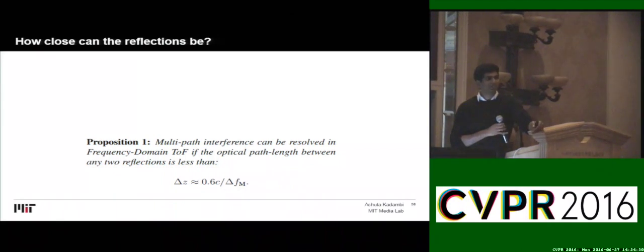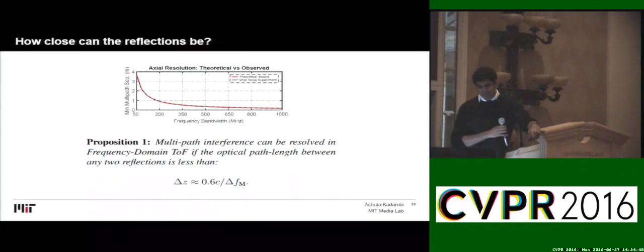So that's how many frequencies you sweep. The more frequencies you sweep, or the wider the range of frequencies you sweep, let's say from 10 megahertz to 1000 megahertz, the better it gets. You can look at the axial resolution here, and you can see that the theoretical and empirical bounds sort of agree.